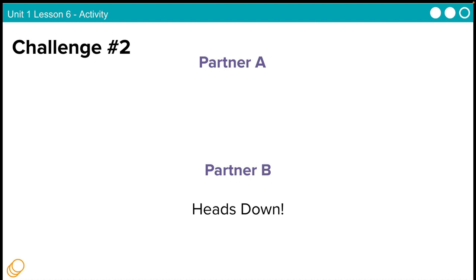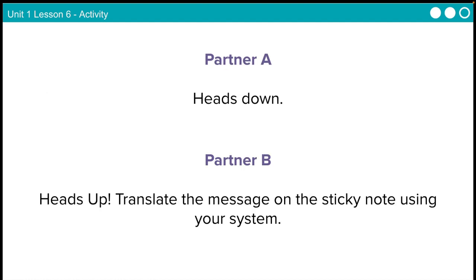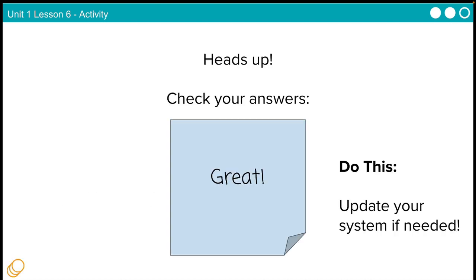Okay, this time it's partner B's turn. Head down, partner A, represent this message with numbers, and pause the video if you need some more time and restart. Okay, is this what you got?